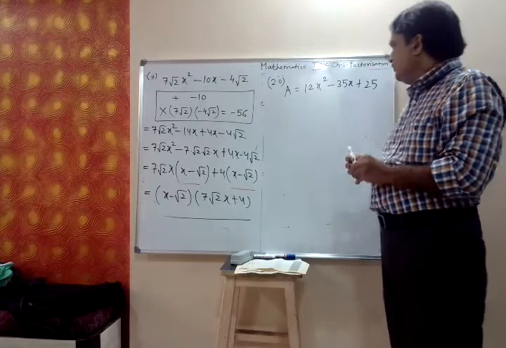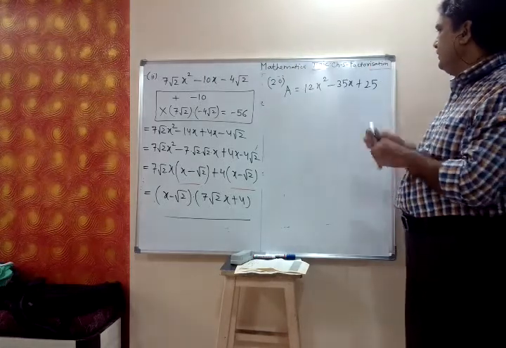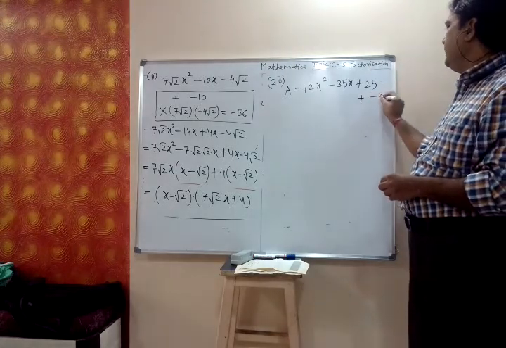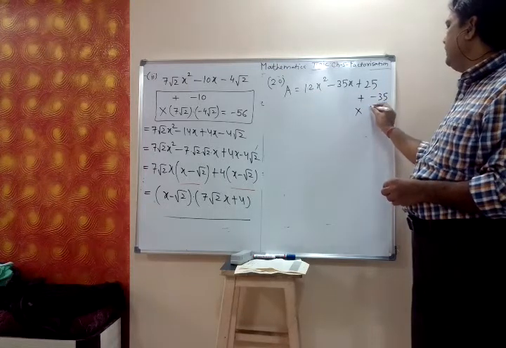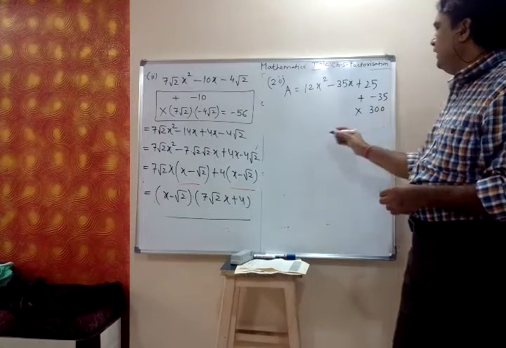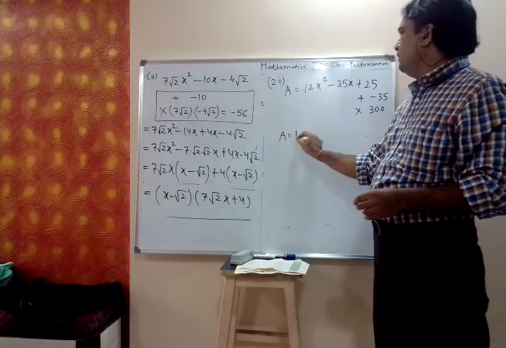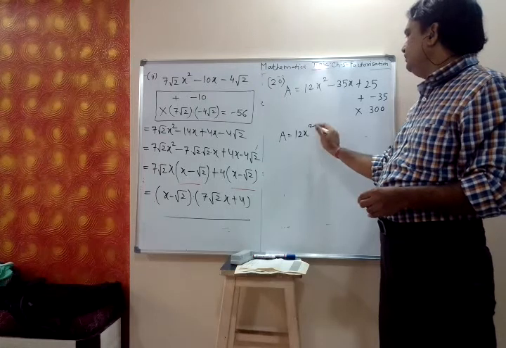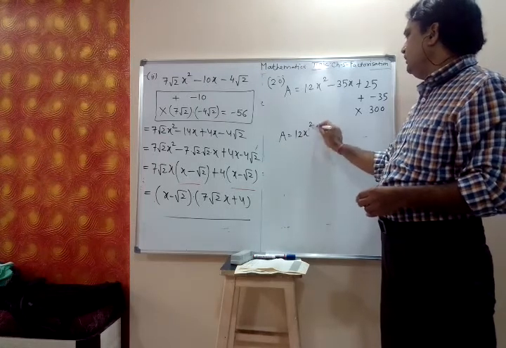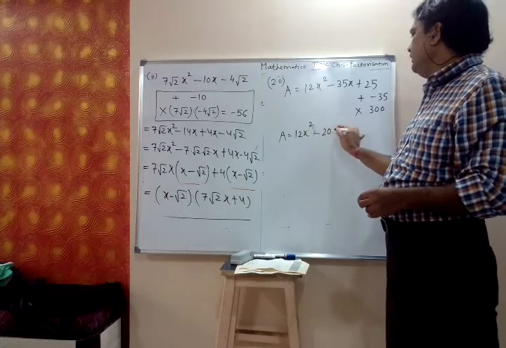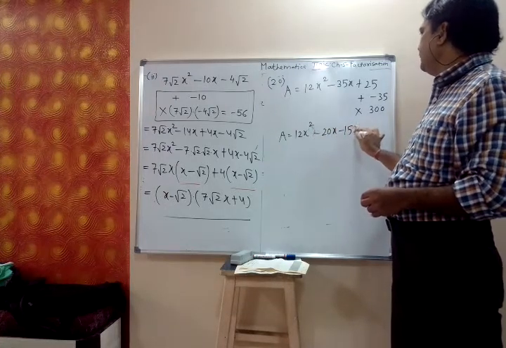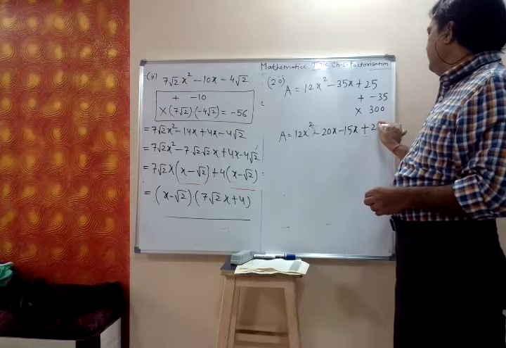So find two numbers whose sum is minus 35 and multiplication is 12 into 25, that is 300. So 12x square minus 20x minus 15x plus 25.